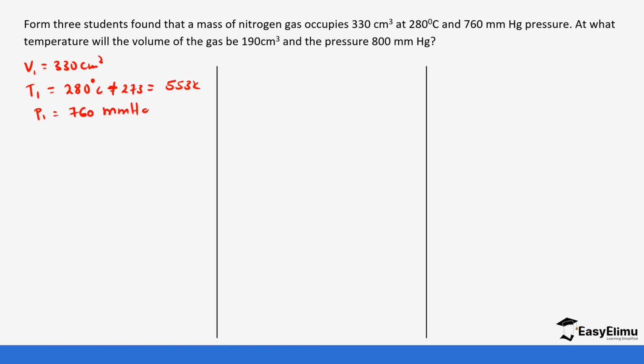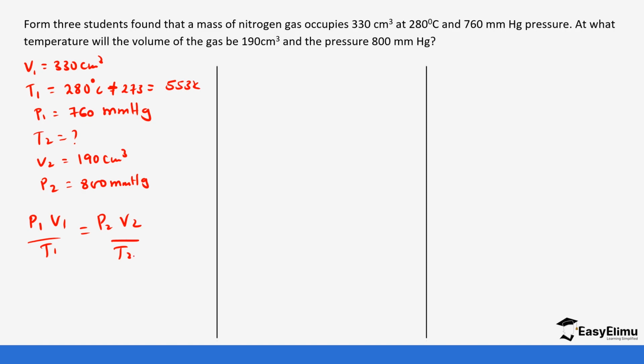And then at what temperature, so our T2 is what we are looking for, with the volume of the gas, V2, is 190 centimeters cubed, and pressure P2 is 800 mmHg. So once again, we write the formula: P1 V1 over T1 is equal to P2 V2 over T2.